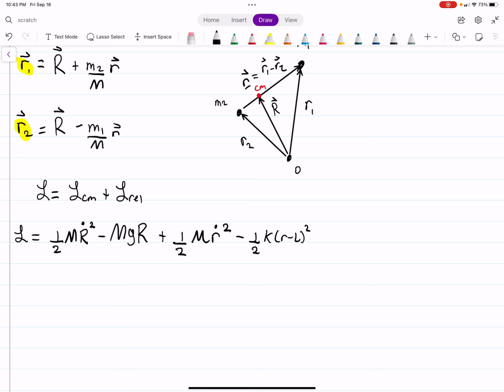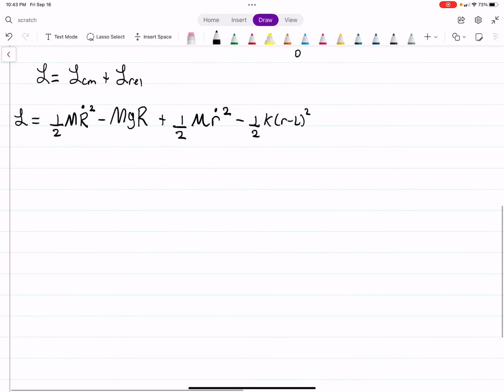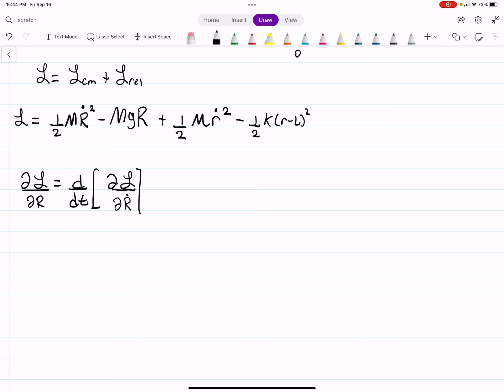And now we can use our Lagrangian to generate some differential equations, which, once we solve them, will explain the motion. So the first one, we'll use the Euler-Lagrange equation. The partial derivative of L with respect to big R is the time derivative of the partial derivative of L with respect to R dot.